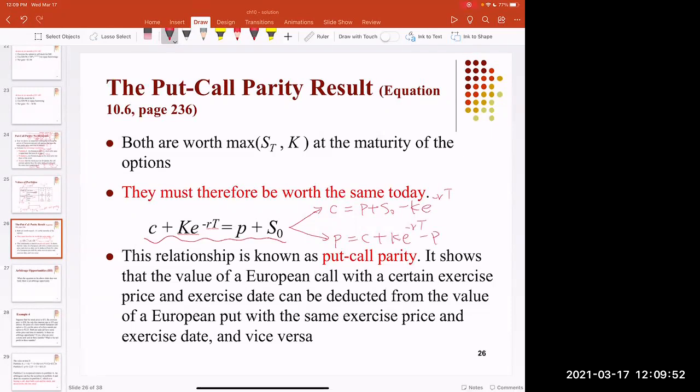Or you can say the call option is the same as you buy a put and buy a share, and if it's negative, you borrow money. And if it's positive, you invest.